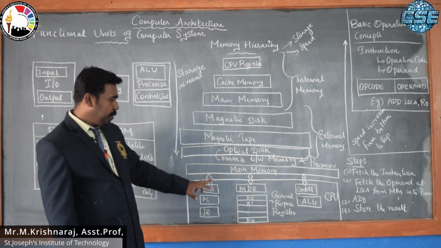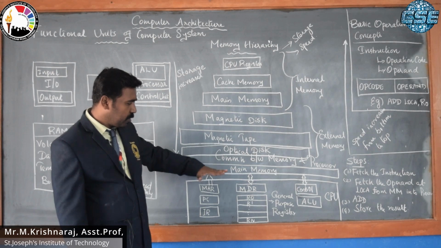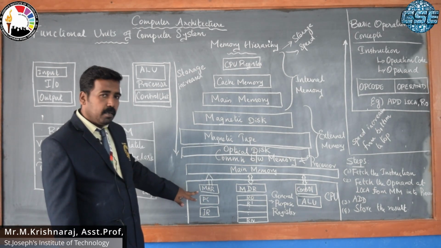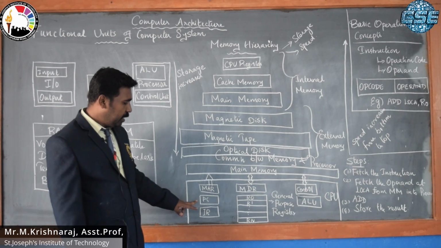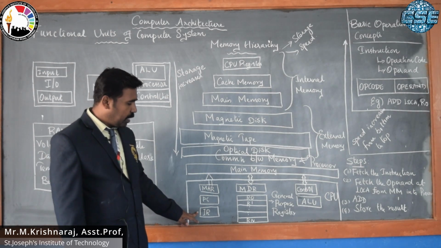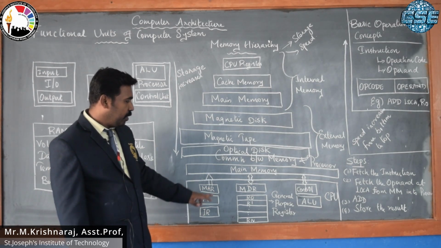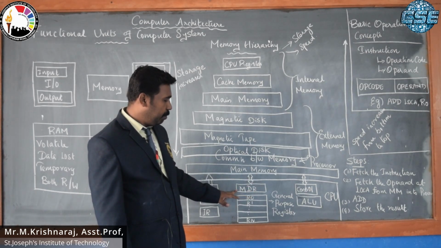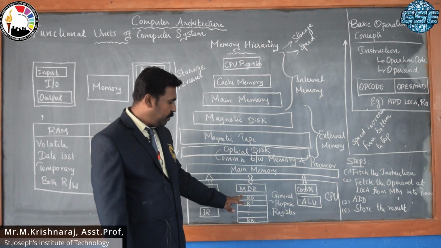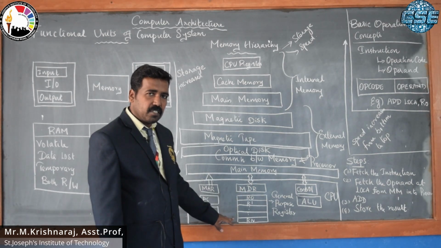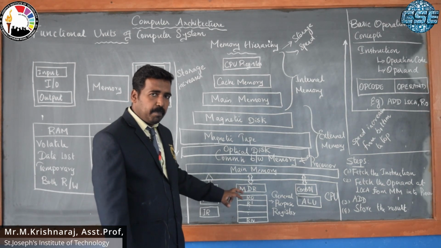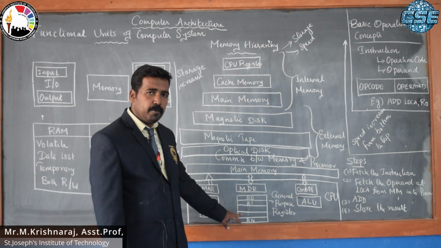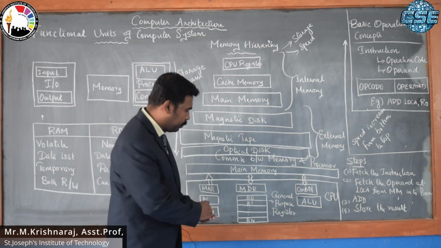In the CPU, we have MAR, the memory address register, then PC, the program counter, and IR, the instruction register. Regarding data, we have the memory data register, then general purpose registers, a wide range starting from R0, R1, etc., up to Rn-1.